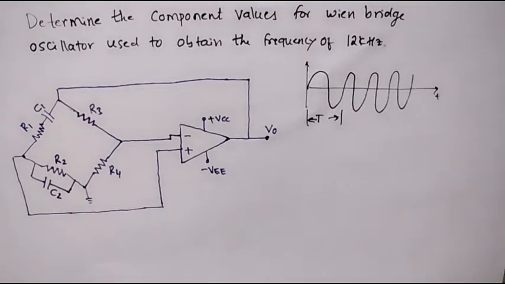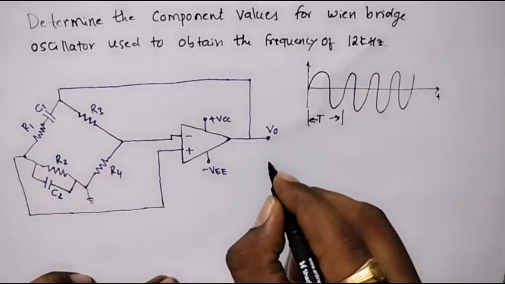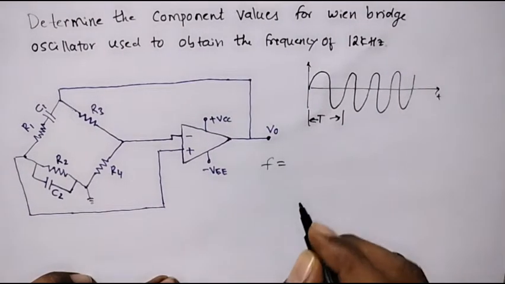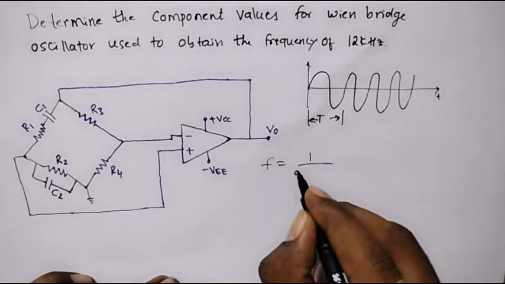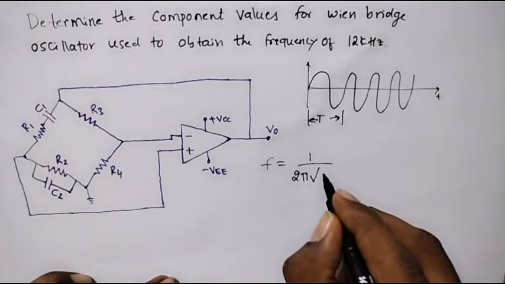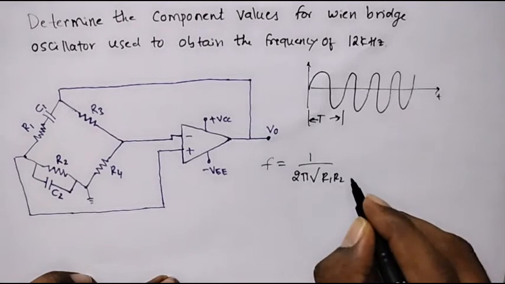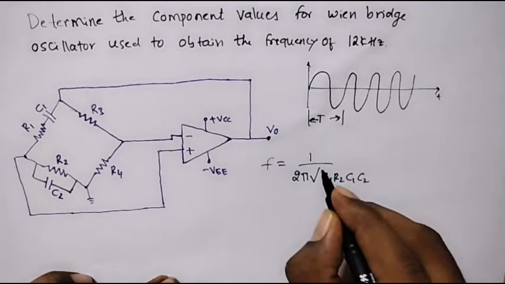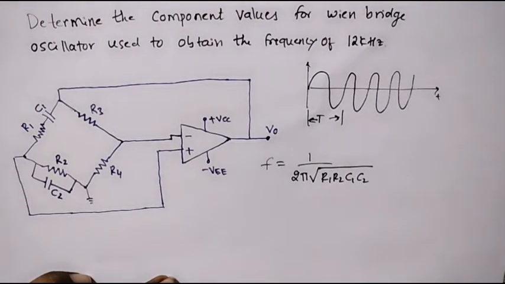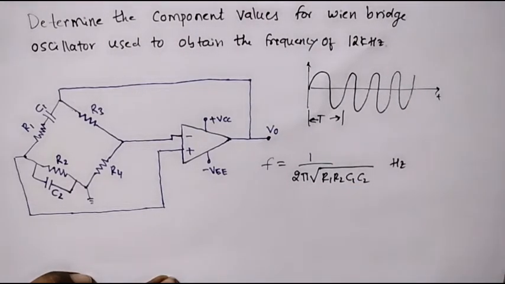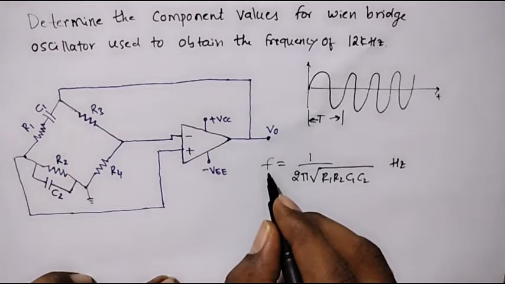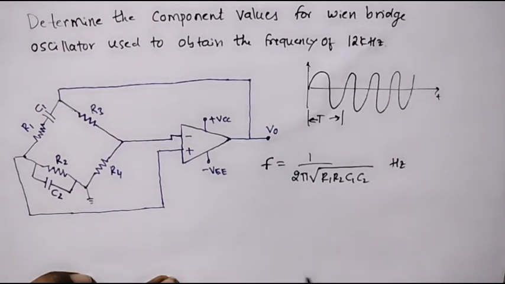We know that the frequency of oscillation in Wien-Bridge oscillator is given by f is equal to 1 over 2 pi under root R1 R2 C1 C2 Hertz. So here the f value is given, that is 12 kHz.